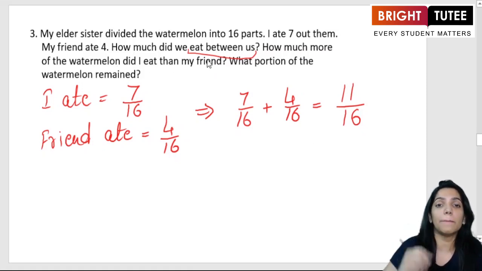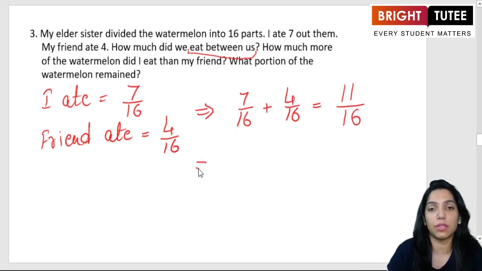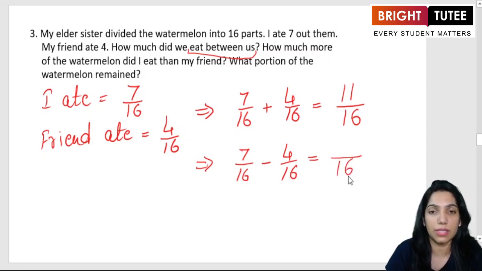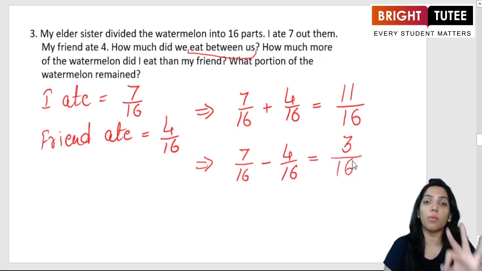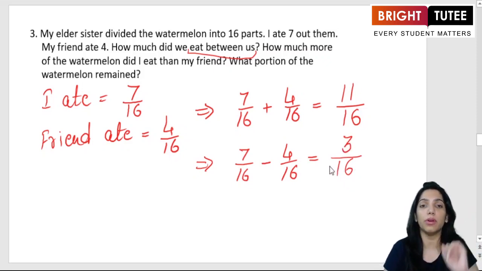Now we have to compare the two. When we are comparing the two, we need to find the difference between the two. So let's find the difference between 7 over 16 and 4 over 16. Because this is subtraction of like fractions, the denominator remains the same and we do 7 take away 4 is 3. Okay, so I ate 3 more parts compared to my friend.